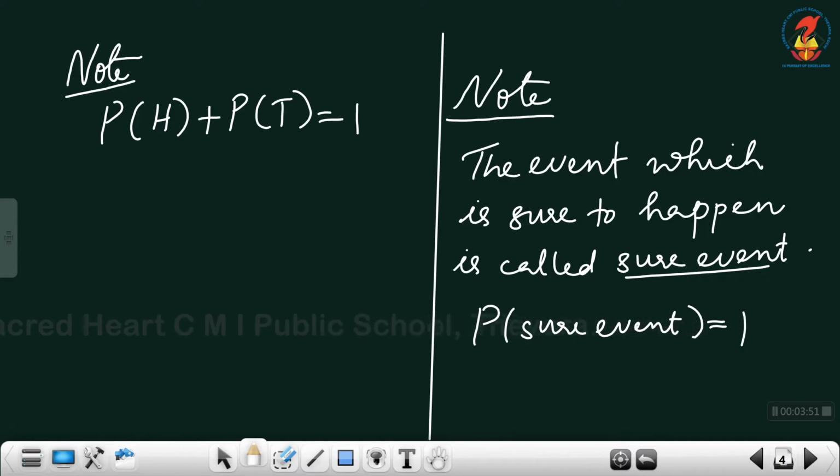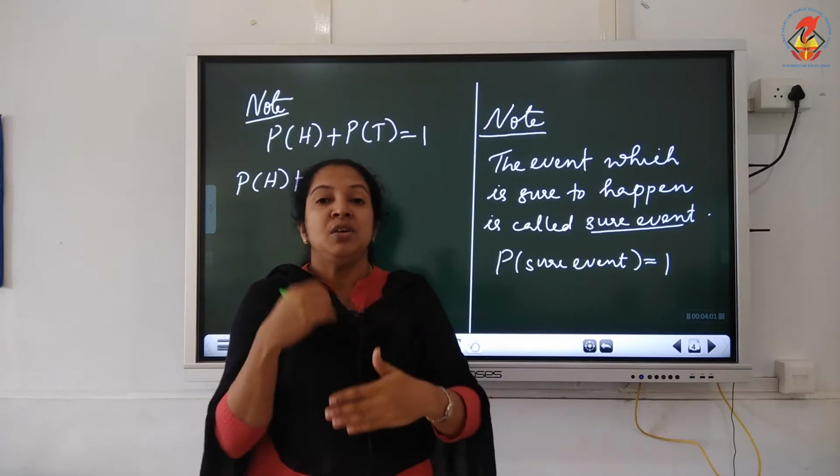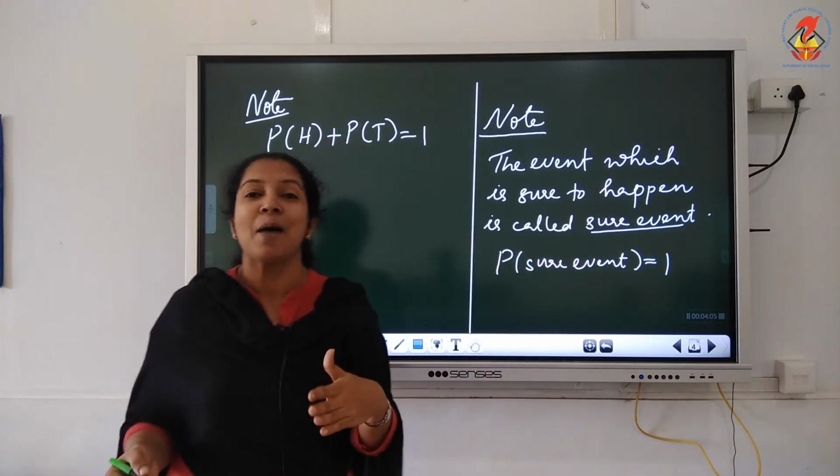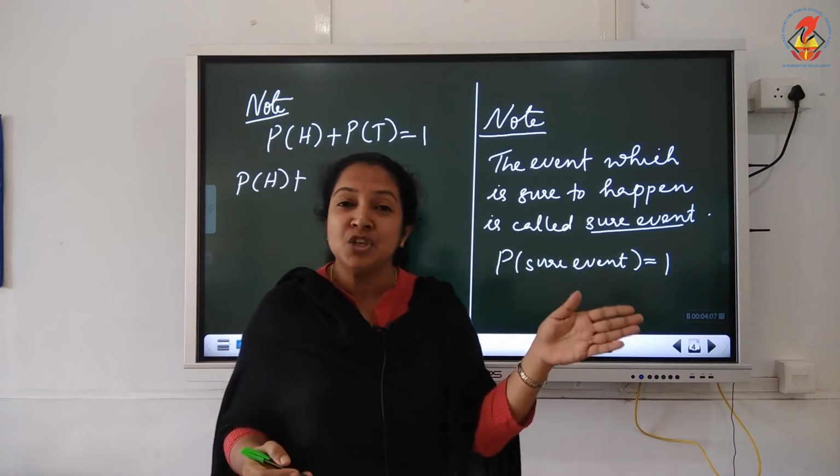Next, what I said is probability of H plus probability of T is 1. That means if T happens, H is not happening.